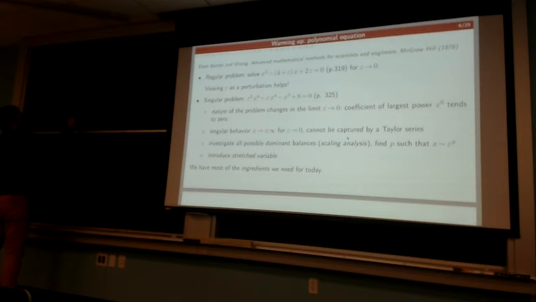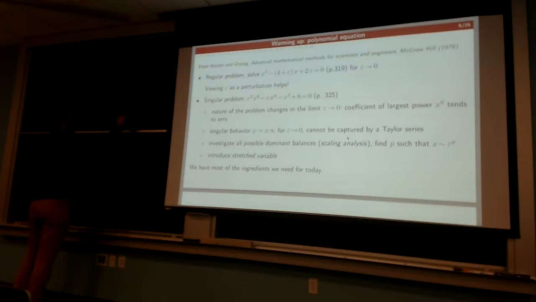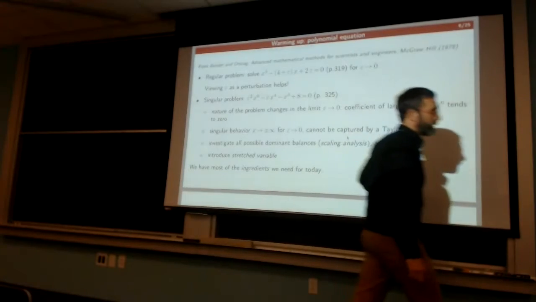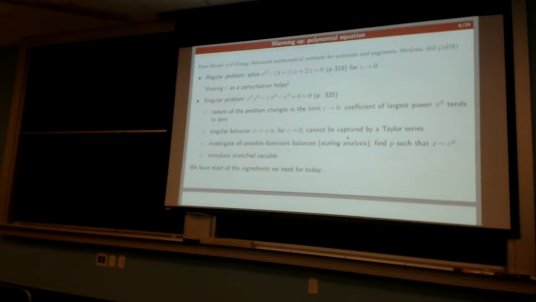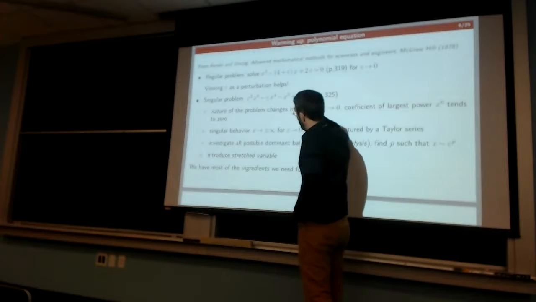So the roots are, and then for each, this would be an x naught, and then you would seek a full series that solves your problem. Okay, so that's the regular problem where everything works.